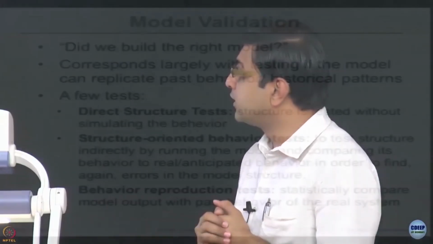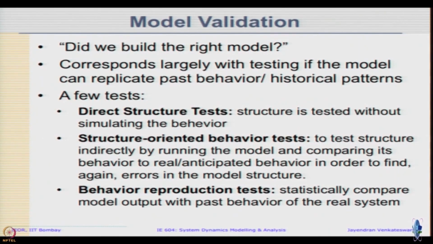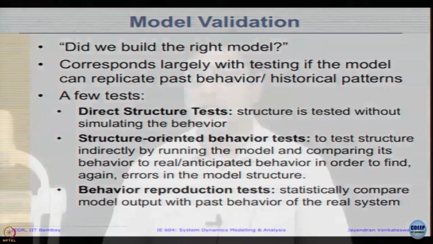This largely corresponds to testing whether the model can replicate the past behavior as well as historical patterns. Three broad categories of tests are typically done when we talk about model validation. Some of these things may have overlap with model verification. That is why we say model verification and validation as a combined activity, with some subtle differences.